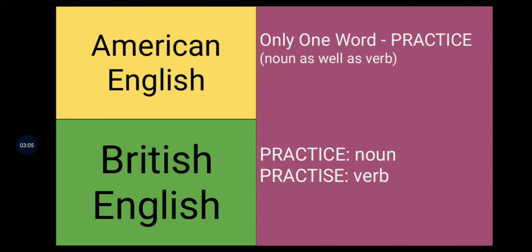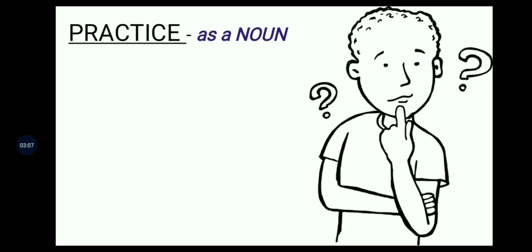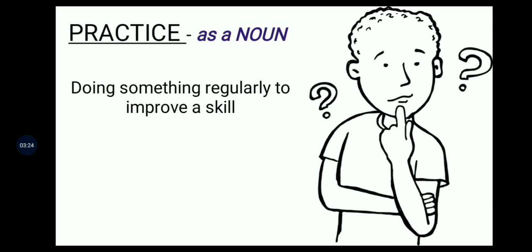Next, we shall look into some examples and identify how these words can be used better in the noun and verb form. So firstly, we shall see practice with the C as a noun. In this case, you're referring to something that is being done regularly.